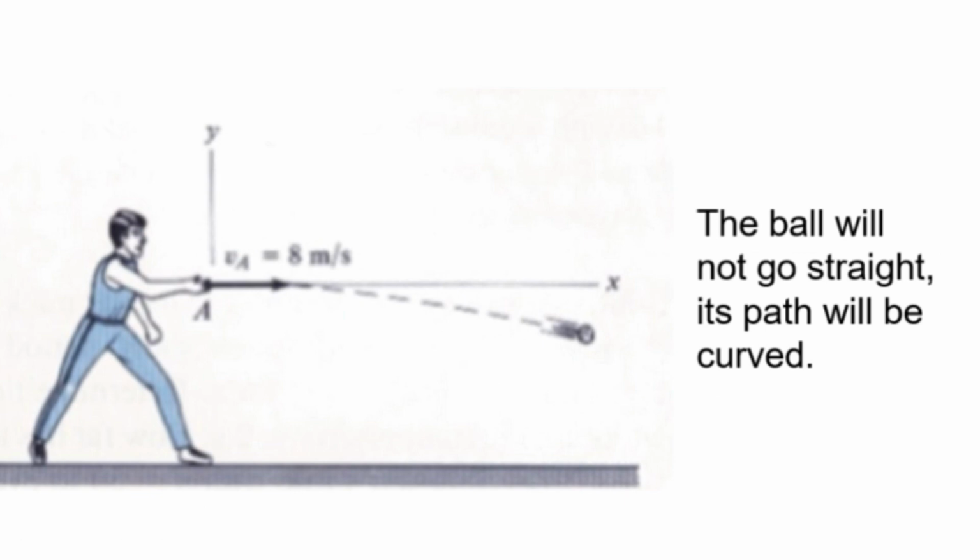Okay, very good. Definitely, the ball will not go straight. Because, as shown in the diagram, as the ball travels horizontally, it is also being pulled downwards by gravity. As a result, the path will not be straight, but it will be curving downwards.